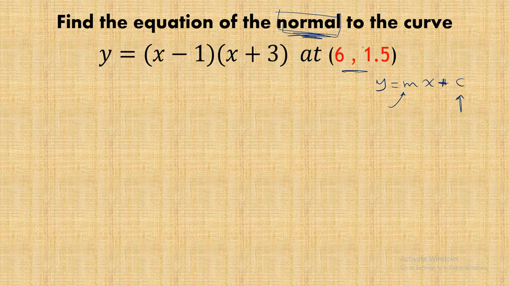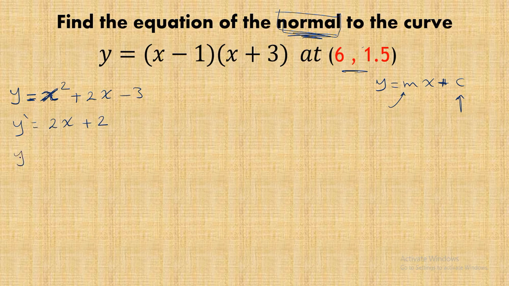We will simplify the expression by expanding brackets. It will be x to the power of 2 plus 2x minus 3. Here we'll use the basic rule, multiply by the power, subtract 1 from the power, to differentiate this expression. Y dash equals 2x plus 2.